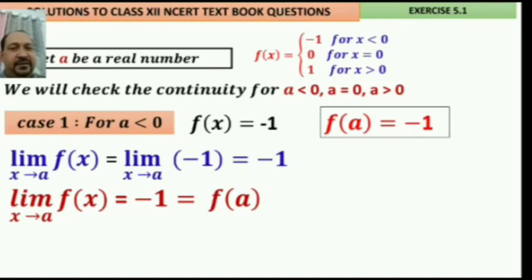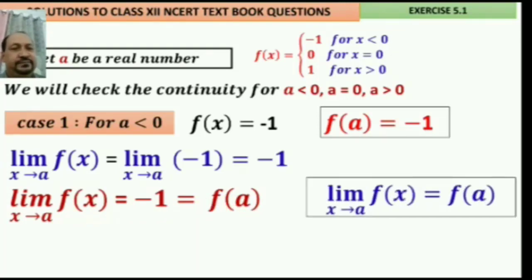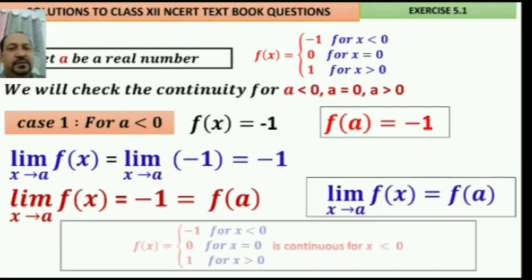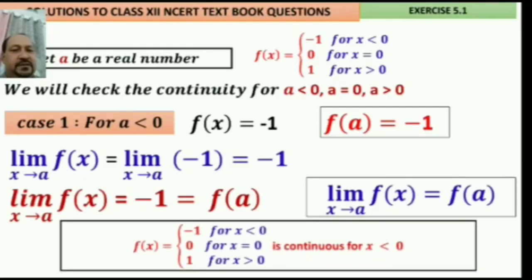So limit f of x equal to minus 1, and which is also equal to functional value. So in this question, limit value of the function is equal to the function value of the function. So this function is continuous when x is less than 0.